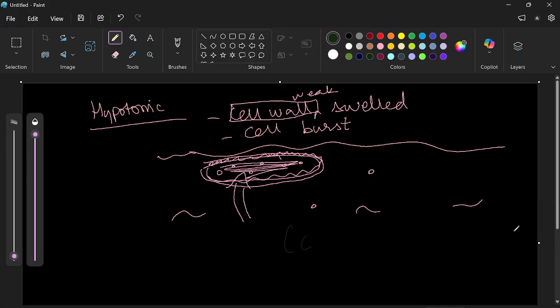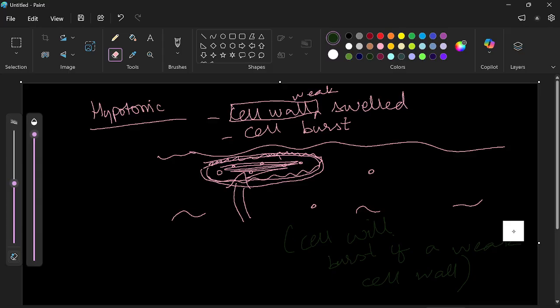So the cell will burst if a weak cell wall is present. Okay, so this is what happens when a cell is placed in a hypotonic solution.